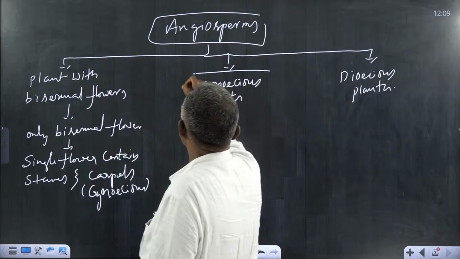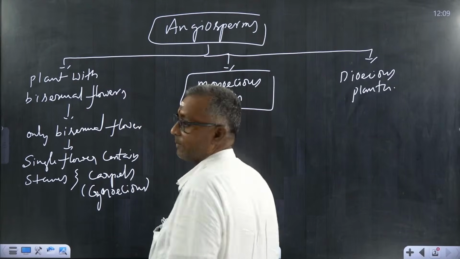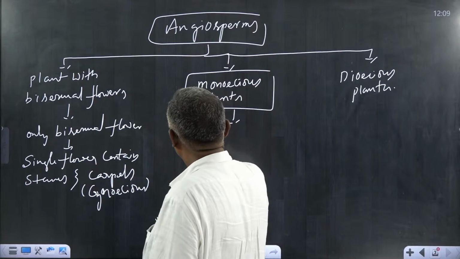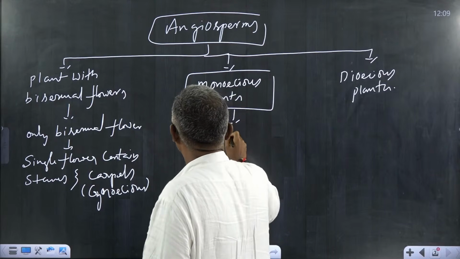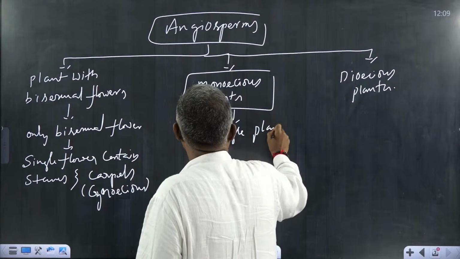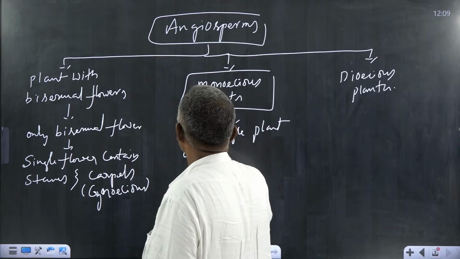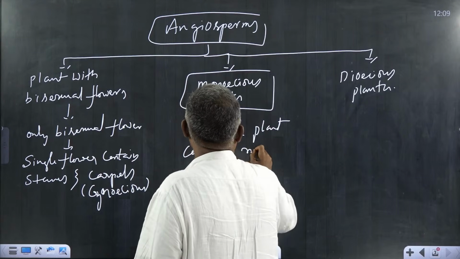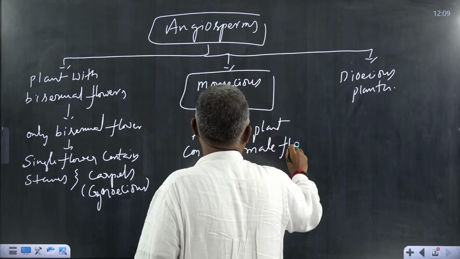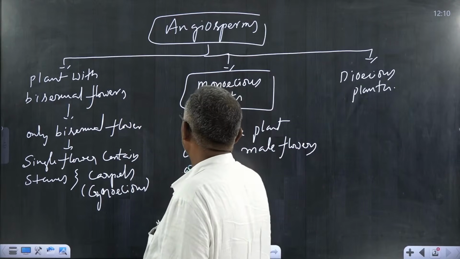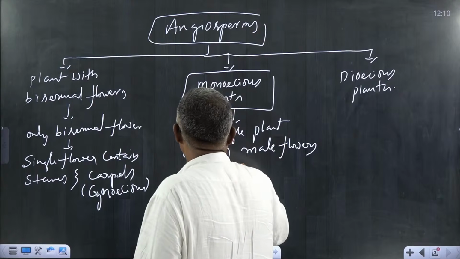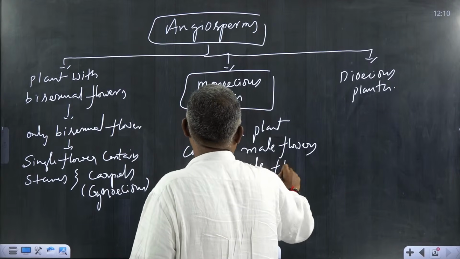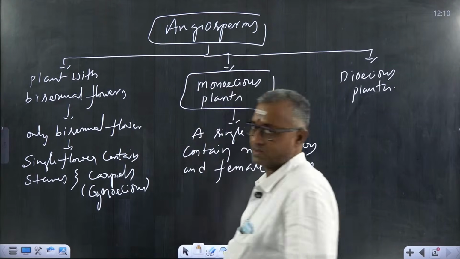Whereas a monoecious plant means a single plant contains male flowers and female flowers. Don't get confused.